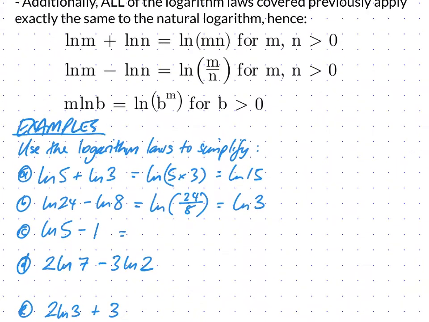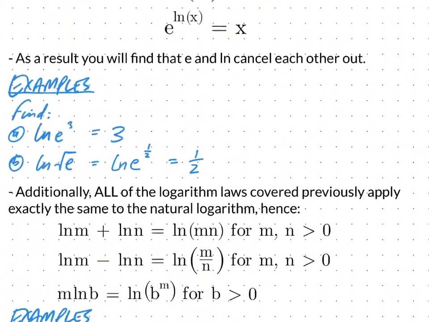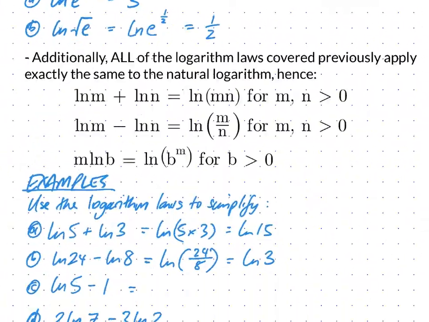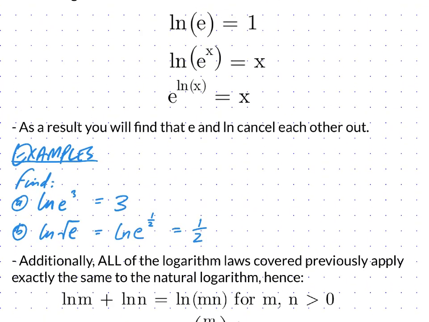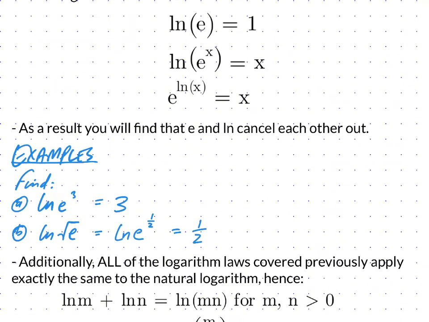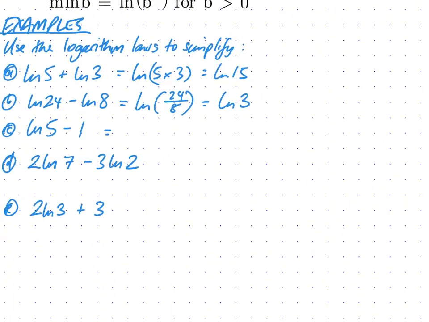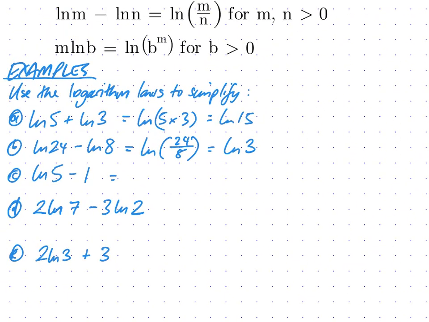ln of 5 take 1. Now that's going to use one of the properties that we had above, because we know that 1 is ln of e to the power of 1. You can imagine the 1 as this unknown. So 1 would be the power here, so we can write that 1 as ln of e to the power of 1.